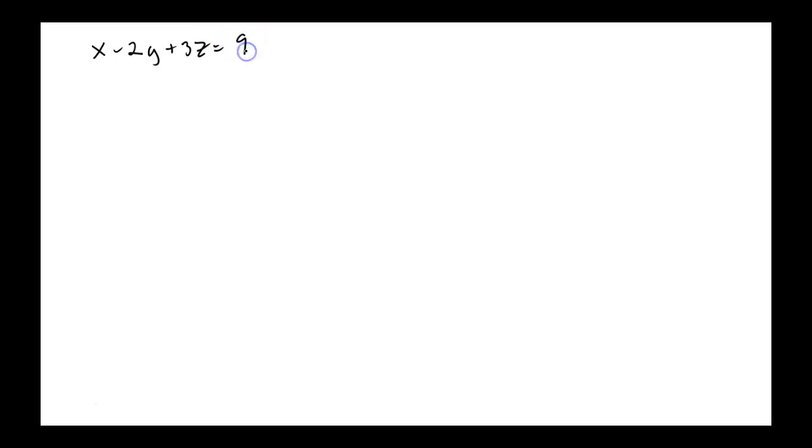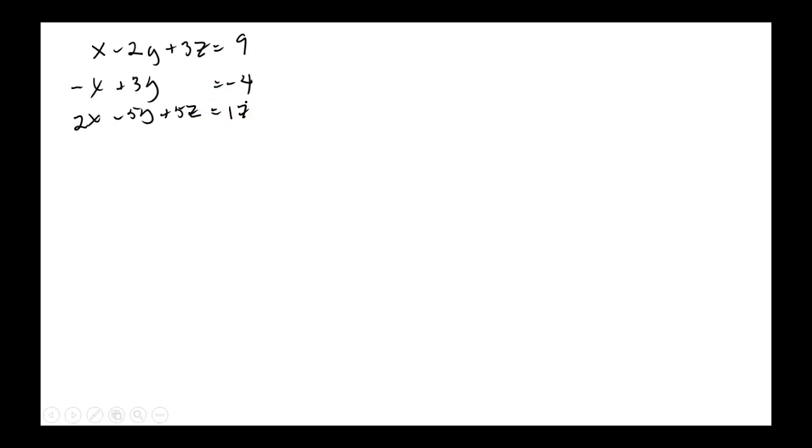This is one we've done in several different forms already. Minus x plus 3y equal negative 4. And 2x minus 5y plus 5z is equal to 17. Okay.